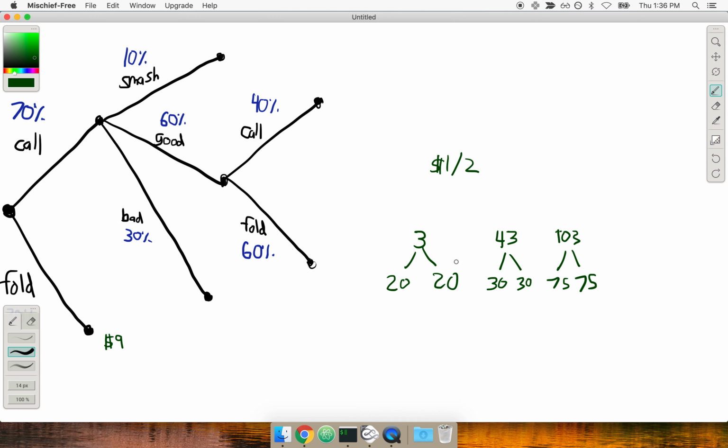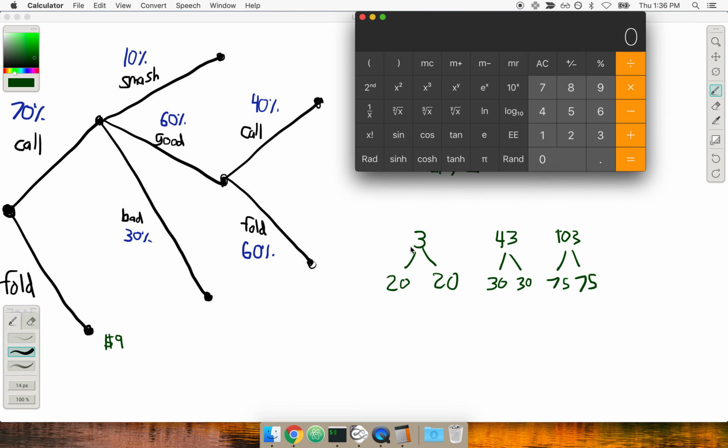So let's see, how much did we win in this scenario? So first we won the $3 in the blinds. Then we won 20 from our opponent pre-flop. And I'm going to get a calculator out actually. So we won this $3 in the blinds. Then we won another 20 from our opponent pre-flop.